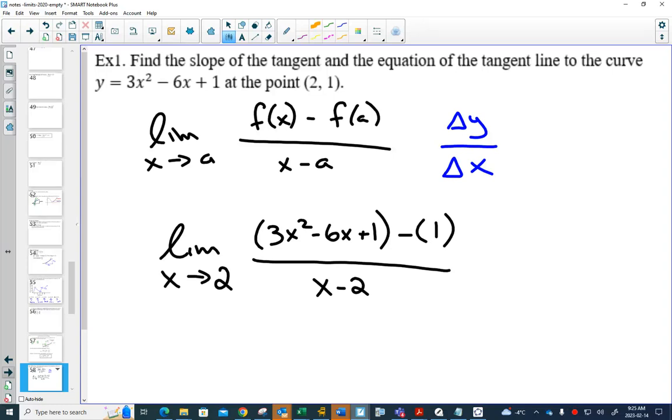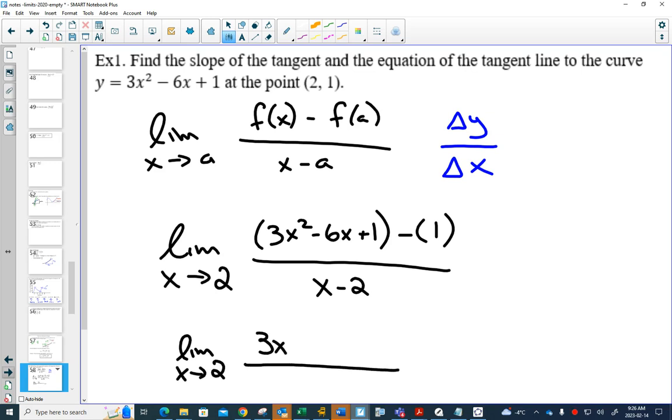And now this is a limit just like you've been doing before. Can we evaluate this limit? No. Why? Because we're dividing by 0. Can we do some algebra? Yes. What do I want to have happen? I want to cancel out the top with the bottom. My 1's are going to cancel. Can you see that we can factor on the top?